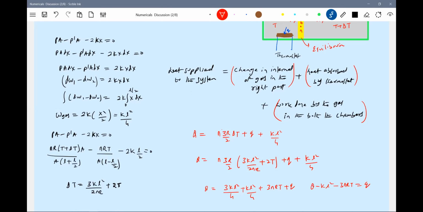Check once, I have somewhere ended up with an equation of this kind. Nine by 4, no? 9 by 4, 10 by 4, 5 by 2. Okay, yeah, fine. Okay, this will be our answer.